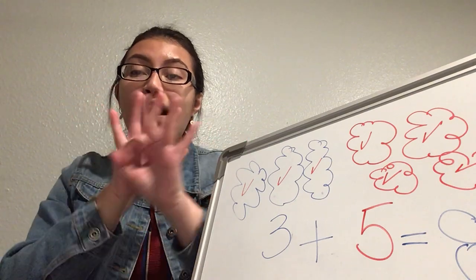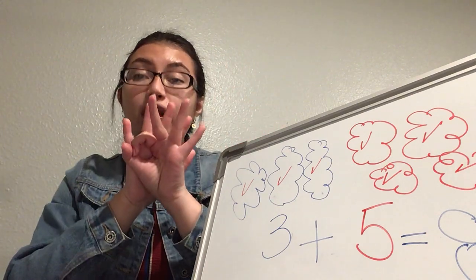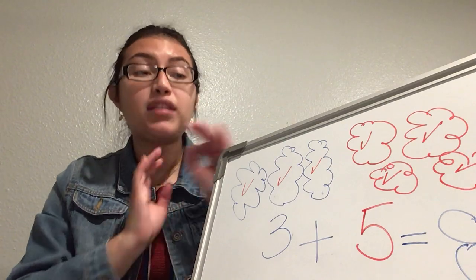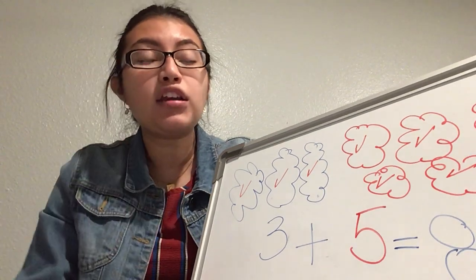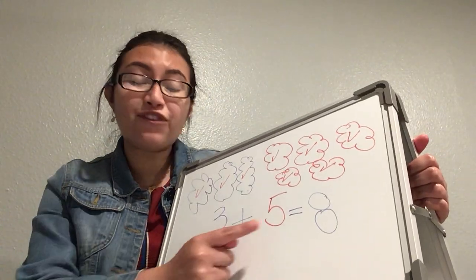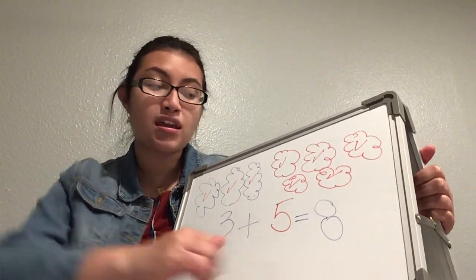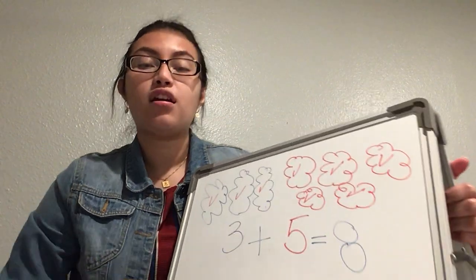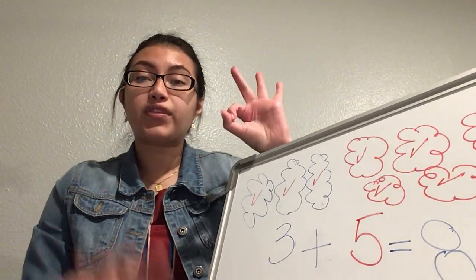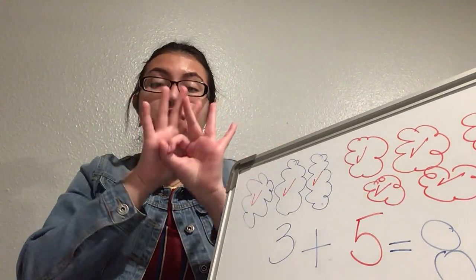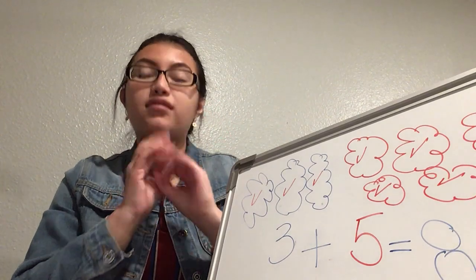How many fingers do I have after I've joined? 8. I just made the number 8. So now I know that 3 and 5, when I join them, it's the same thing as the number 8.